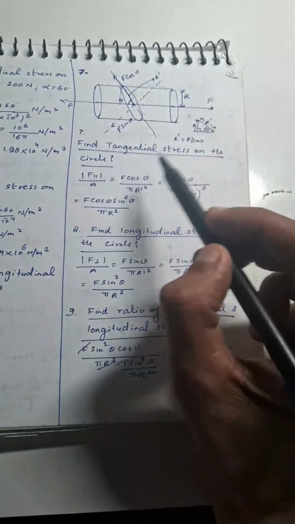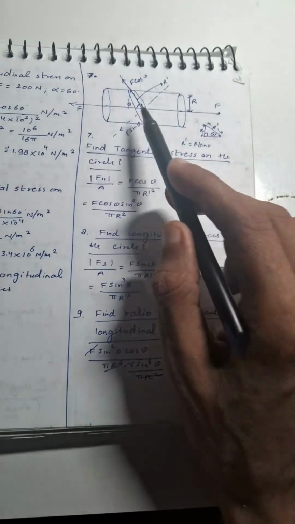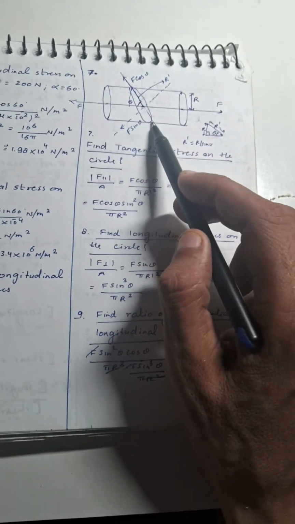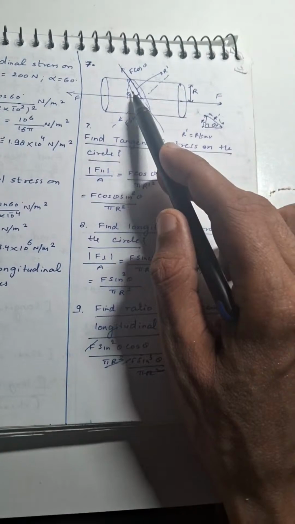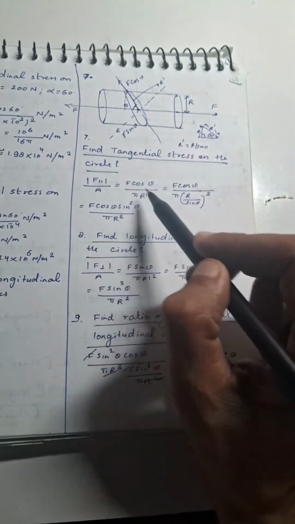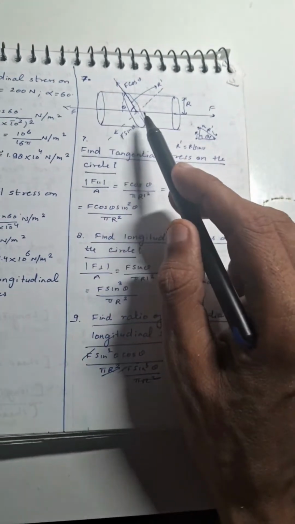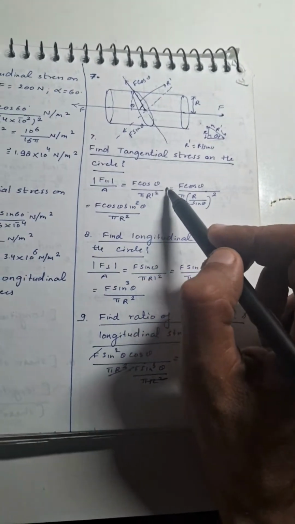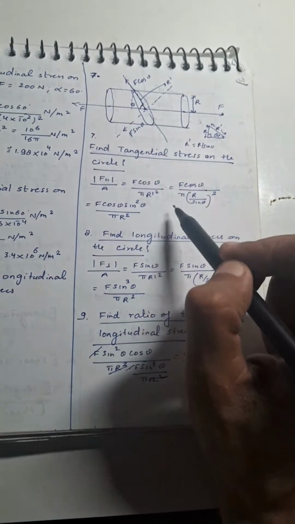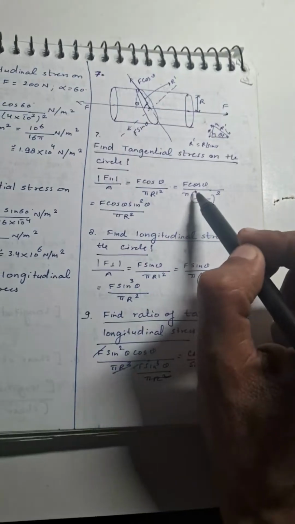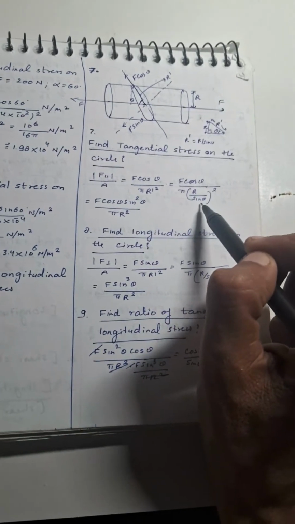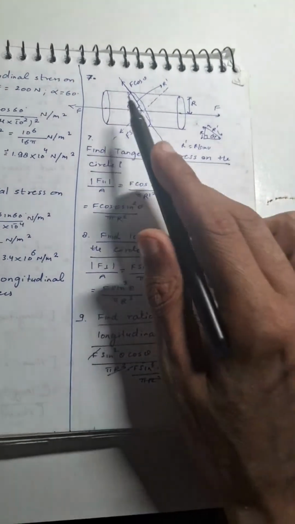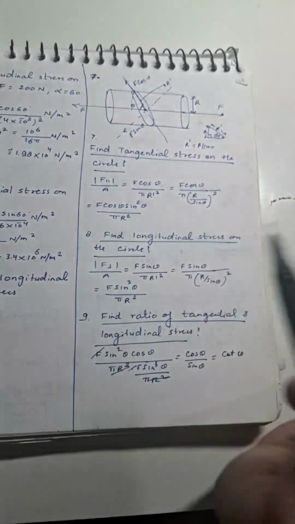Tangential stress will be taking the component of force along the plane, so that will be F cos theta by A, and area here will be pi r dash square. I take this radius as r dash. Now r dash can be written as r by sin theta. After calculations, tangential stress will be given by this expression.